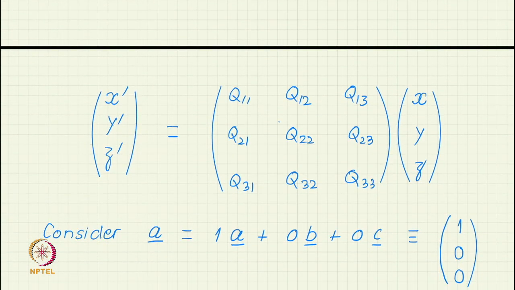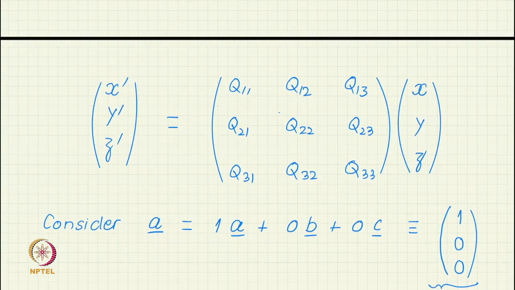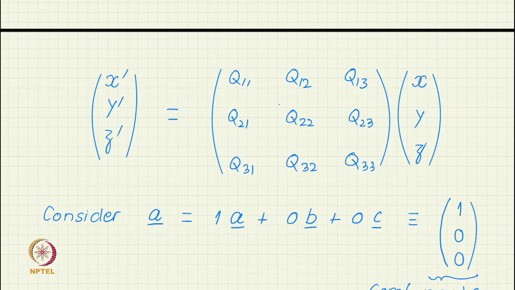So, let us start with this relation, that the new coordinates are expressed as Q times the old coordinates, and as our old vector to begin with, let us consider the first basis vector of the old coordinate system.